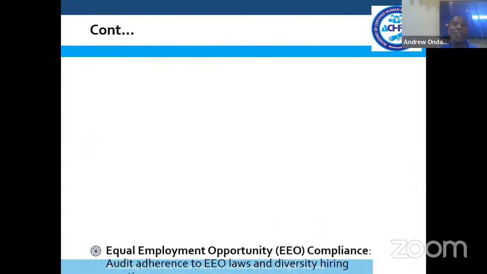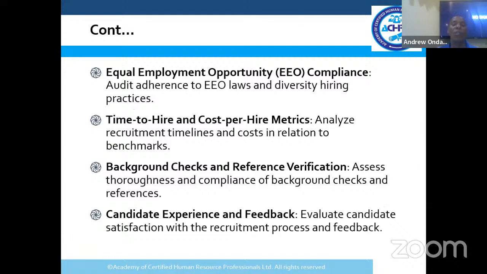Next, under recruitment, we look at the equal opportunity employment. And this is a policy area where human resource managers ensure that in their policies, they have this clause. And I quote, "We are an equal opportunity employer."